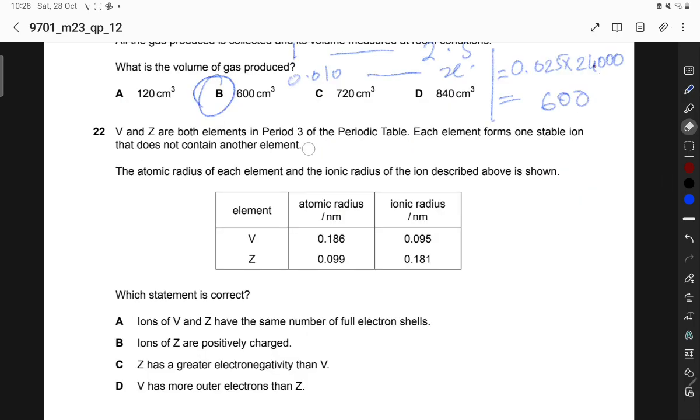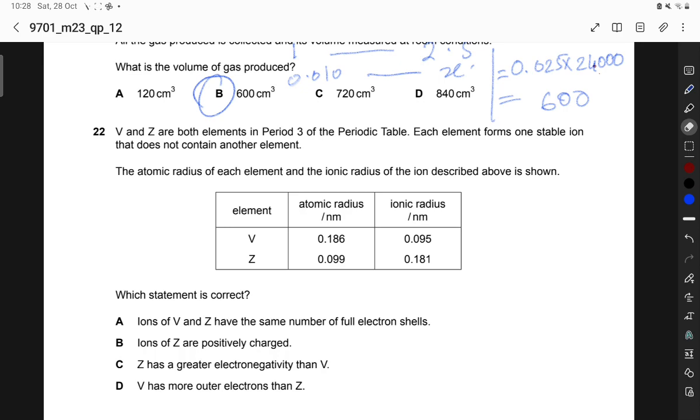V and Z are both elements in period 3 of the periodic table. Each element forms one stable ion that does not contain another element. The atomic radius of each element and the ionic radius of the ion described above is shown.